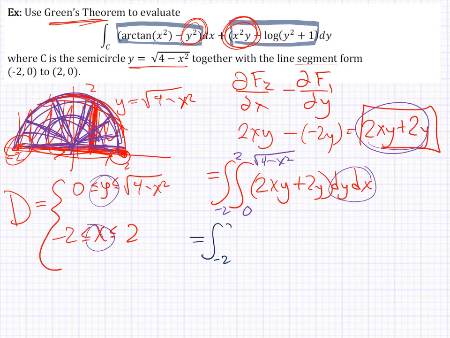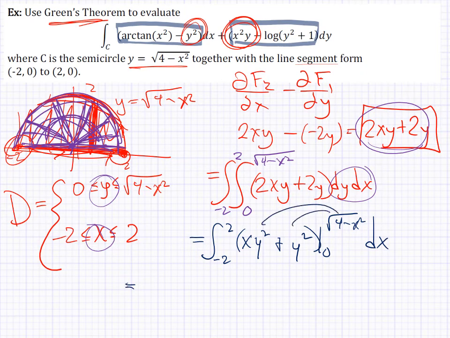So -2 to 2 is still going to be there. We integrate with respect to y. We get xy squared plus y squared between 0 and the square root of 4 minus x squared, dx. Okay, then I am going to plug this in for y. Squaring the square root makes it really nice.